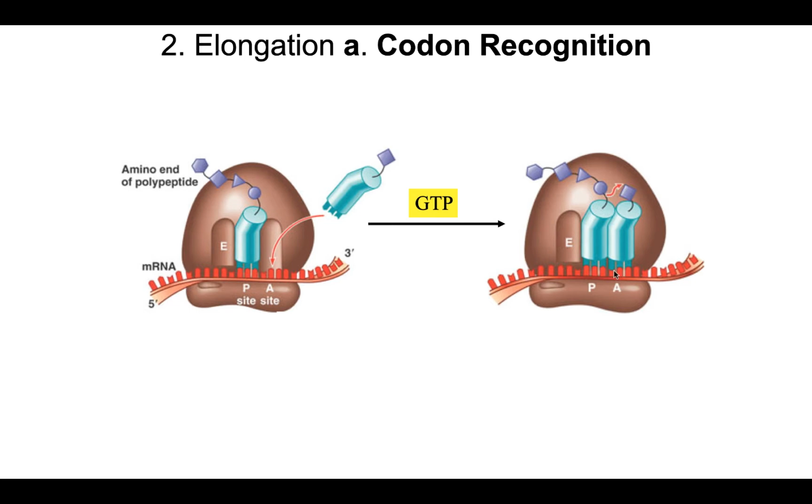And we have hydrogen bonds connecting the anticodon of the tRNA to the codon of the messenger RNA. And the incoming amino acid is right here, and here, being carried by the previous transfer RNA, is the growing polypeptide chain. So now we go on to the second part of elongation.